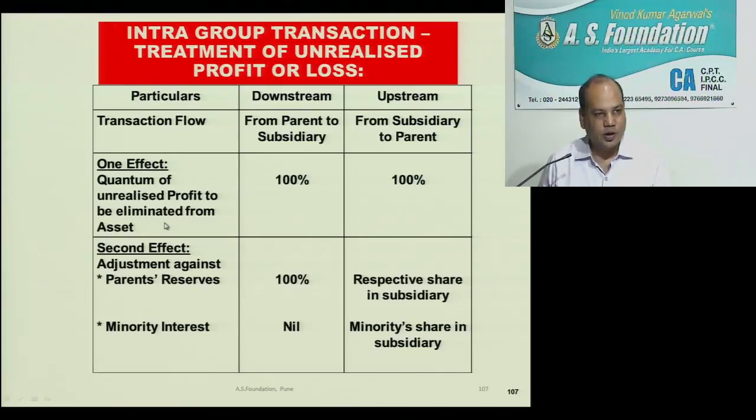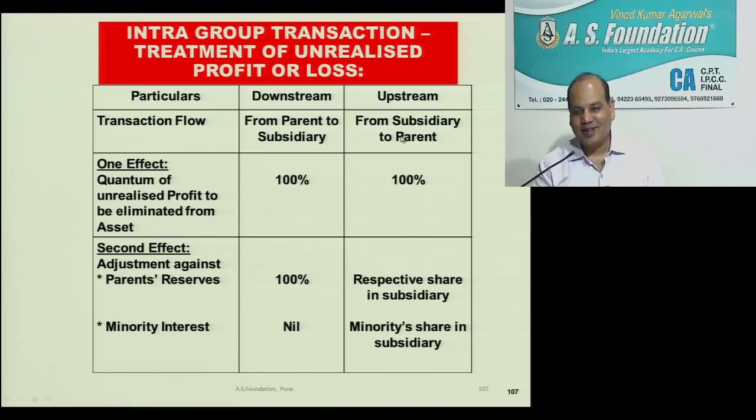My first example, H to S. Upstream, subsidiary sold to parent company. Is it right? In case of downstream, who has made the profit? When H sells to S, who has earned the profit? Holding. In downstream, holding. The question is same.